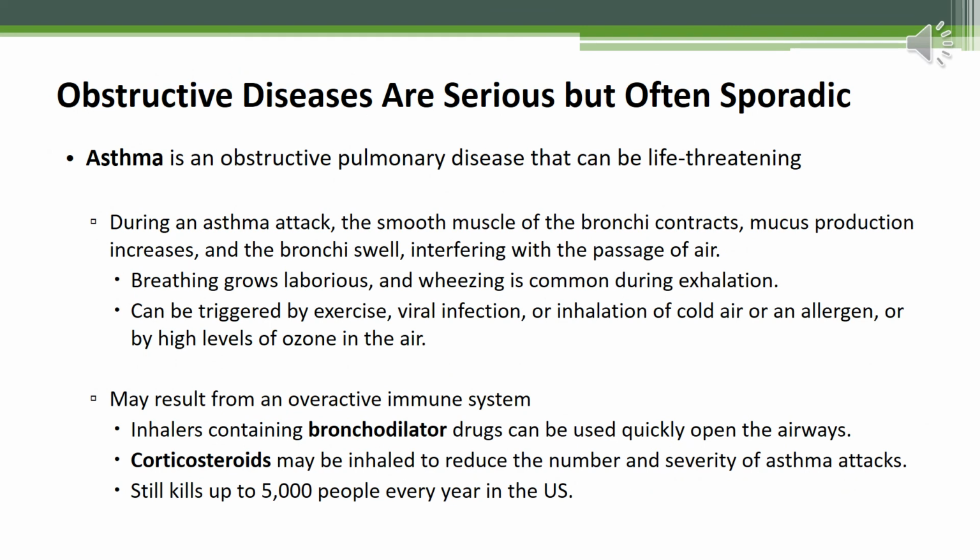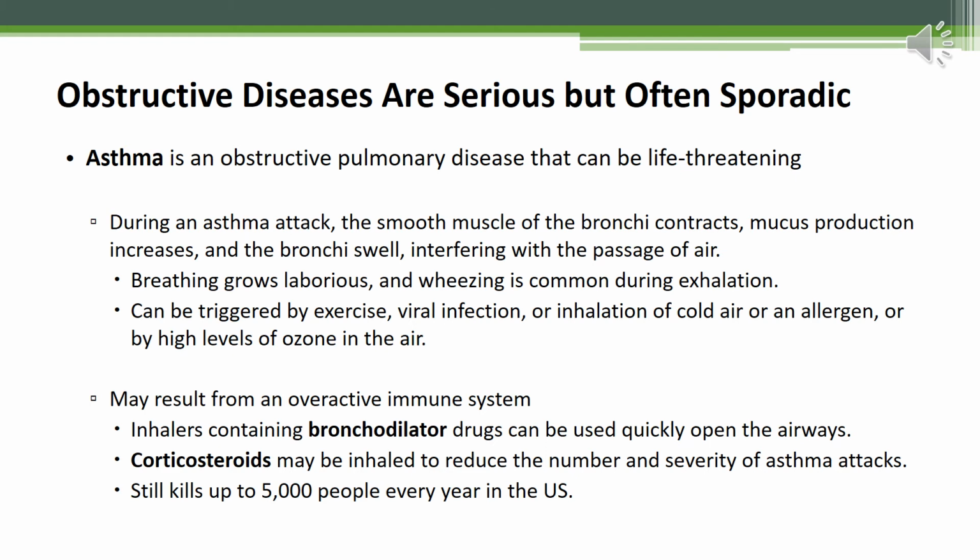Another type of obstructive pulmonary disease is asthma, and this can be life-threatening because individuals are subject to asthma attacks. Asthma is also typically genetically linked. Anyway, during an asthma attack, the smooth muscle of the bronchi constrict, mucus production increases, and the bronchi swell, and this interferes with the passage of air.